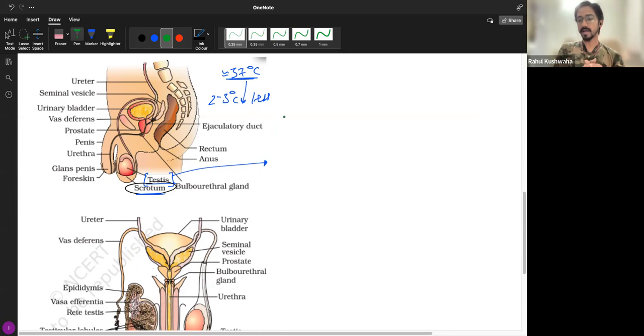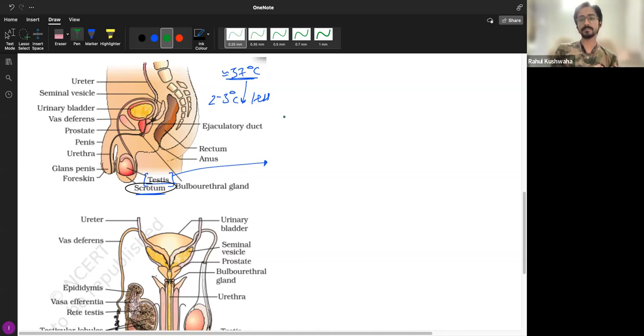Testes are situated outside the abdominal cavity because spermatogenesis requires 2 to 4 degrees lower temperature than the body temperature. Okay. Sir, can you repeat? Yes.